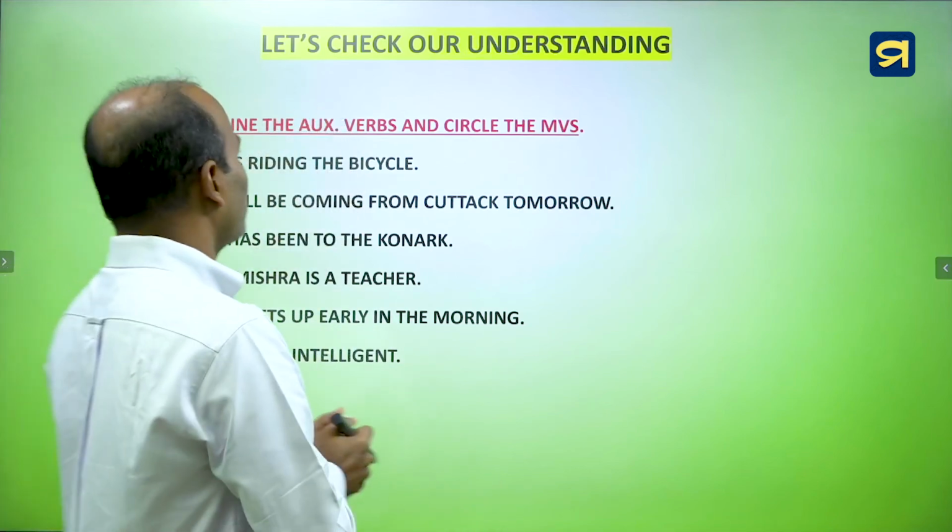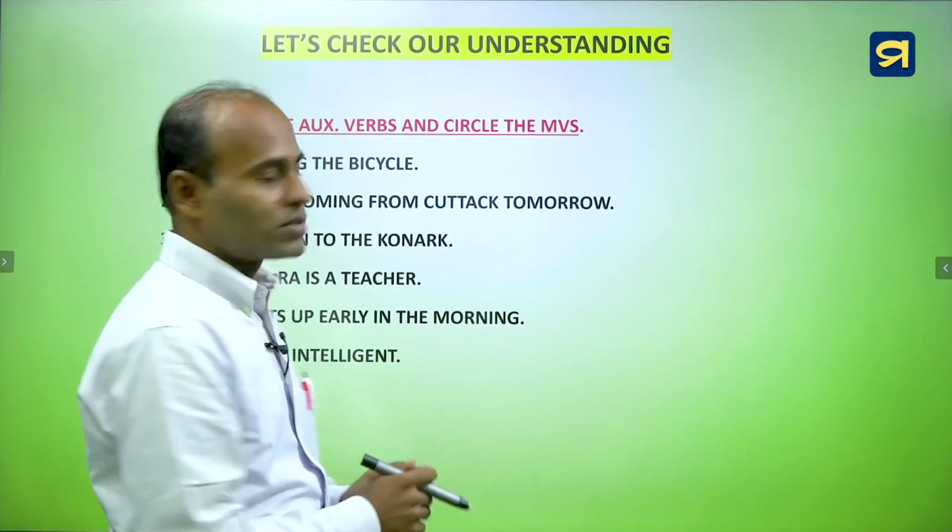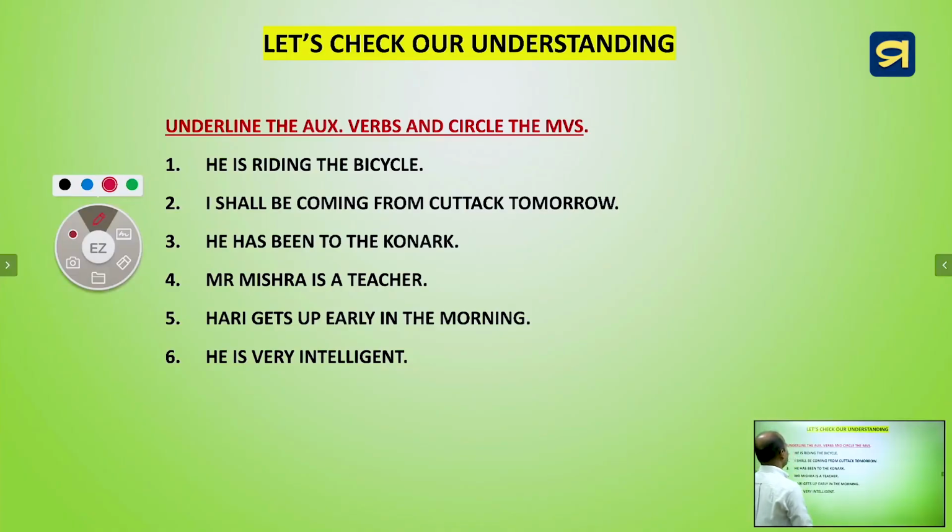Underline the auxiliary verbs and circle the main verbs. He is riding the bicycle. This one is the auxiliary and this one is the main verb. I shall be coming. These are the auxiliaries, and this one is the main verb. He has been to the Konark. This one is the auxiliary, and been is the main verb.